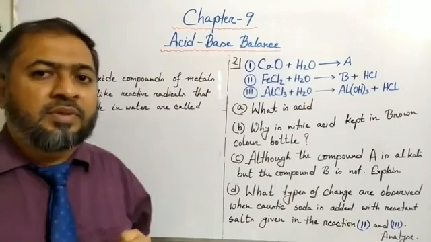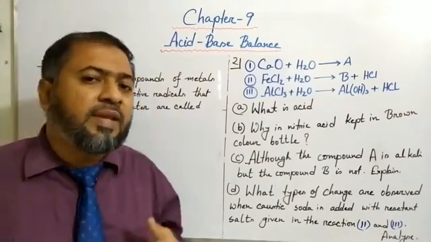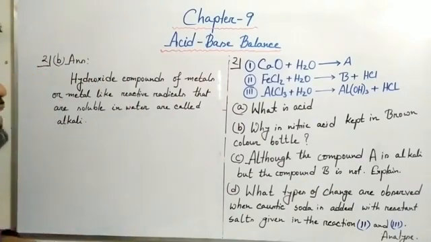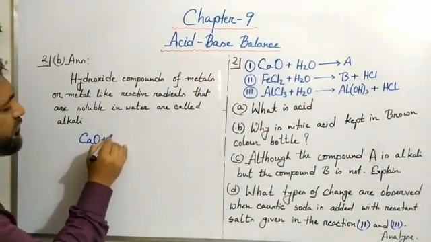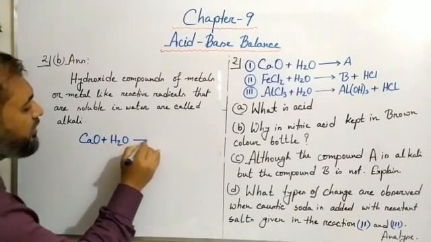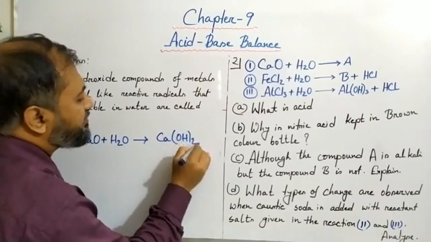Now I am going to show you what types of change take place in reactions 1 and 2. You can see when calcium oxide reacts with water, it will produce calcium hydroxide.